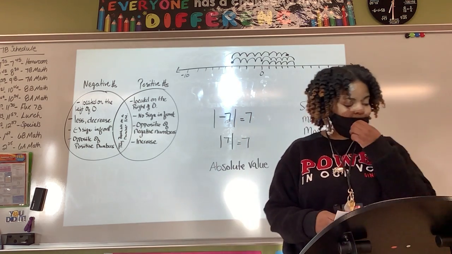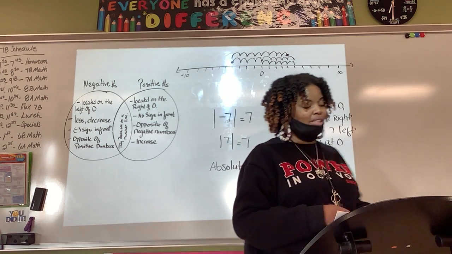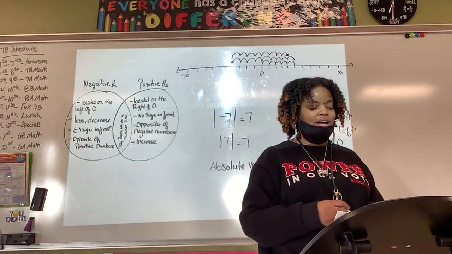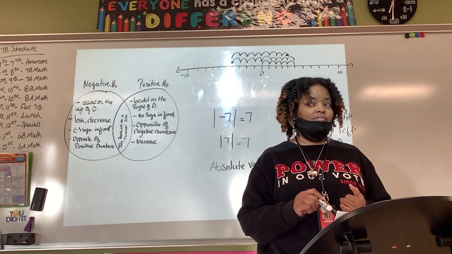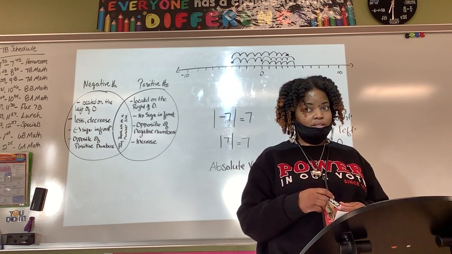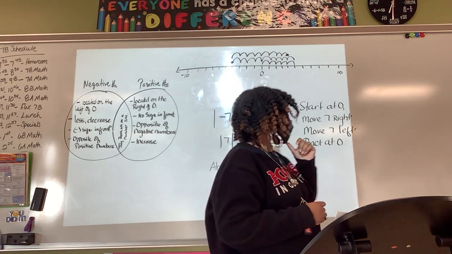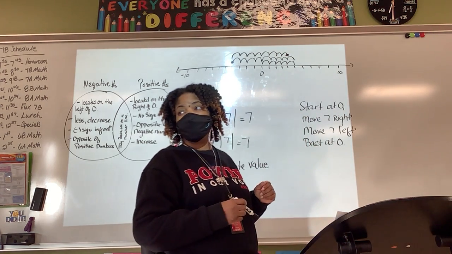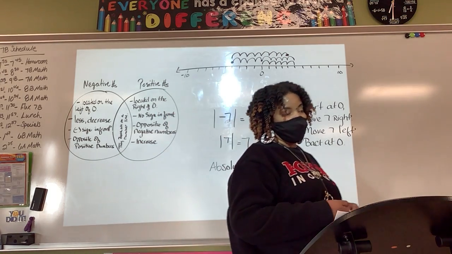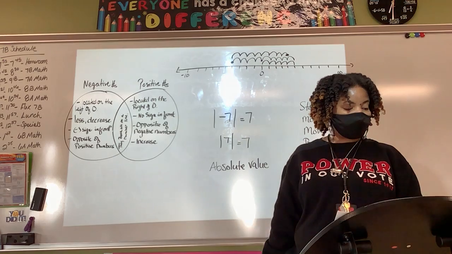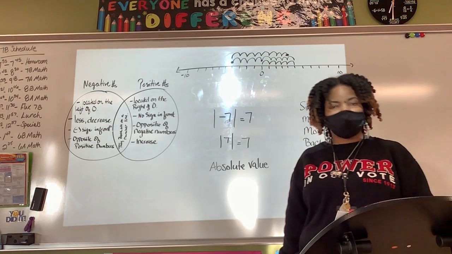What about E? E says, what does this tell us about the sum of 7 and the opposite of 7, -7?